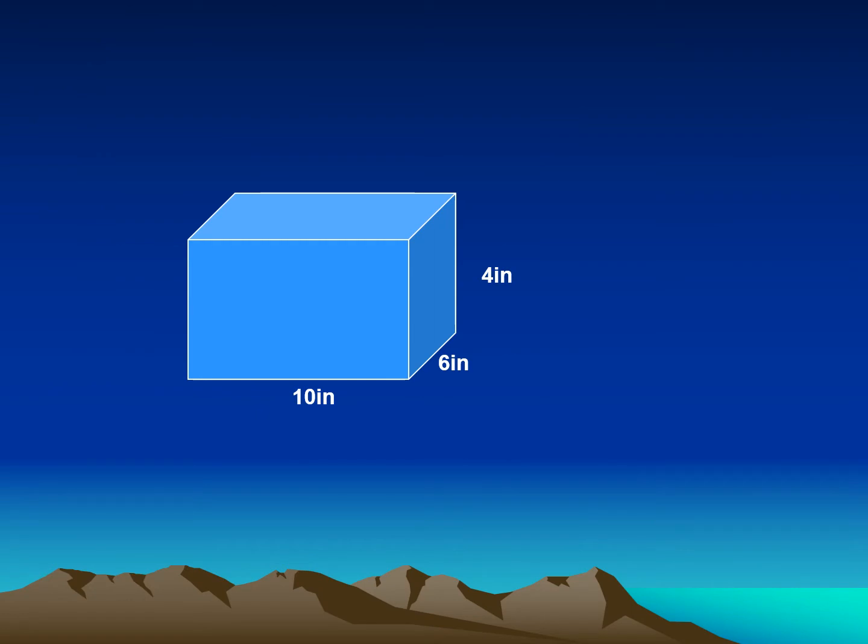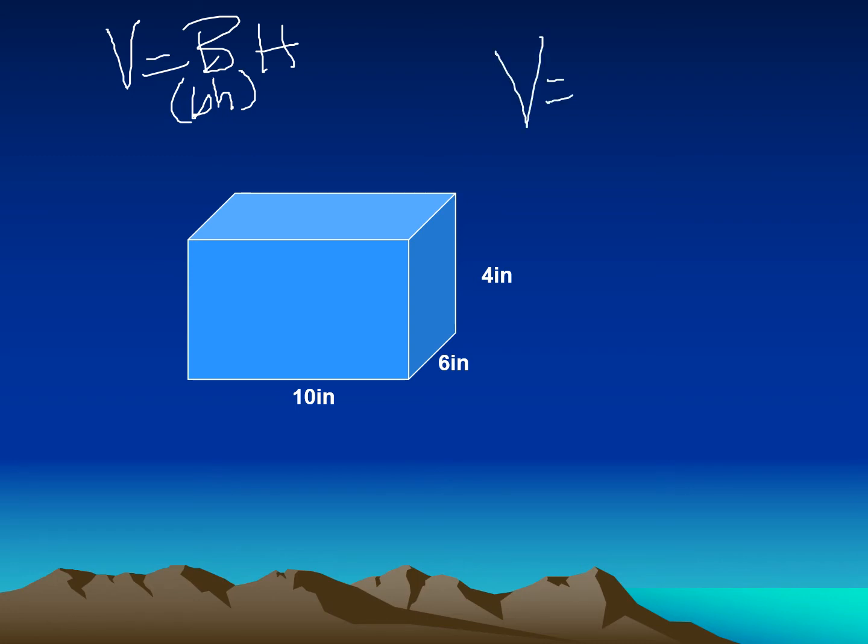Alright, so our first one, we've got our rectangular prism, and there is a shortcut for rectangular prisms. You could do the big B times height and say, what's my big B? It's a little base times height for the rectangle. But with a plain rectangular prism, a box shape like this, you could do the easiest way, length times width times height.